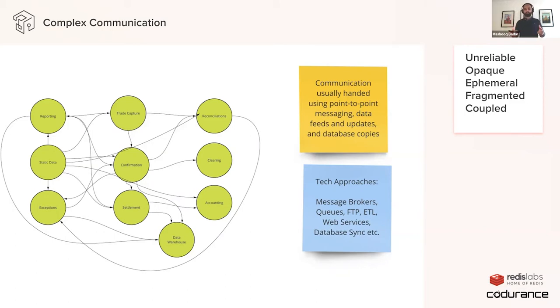And we use a myriad of technologies underneath for them to speak to each other. The most common is message brokers and queues and so on. But you have file transfers, ETL jobs from database to database, web services, and database syncs, all being used in many different ways for these systems to talk to each other. So effectively, what you have is communication between these systems that is quite unreliable.